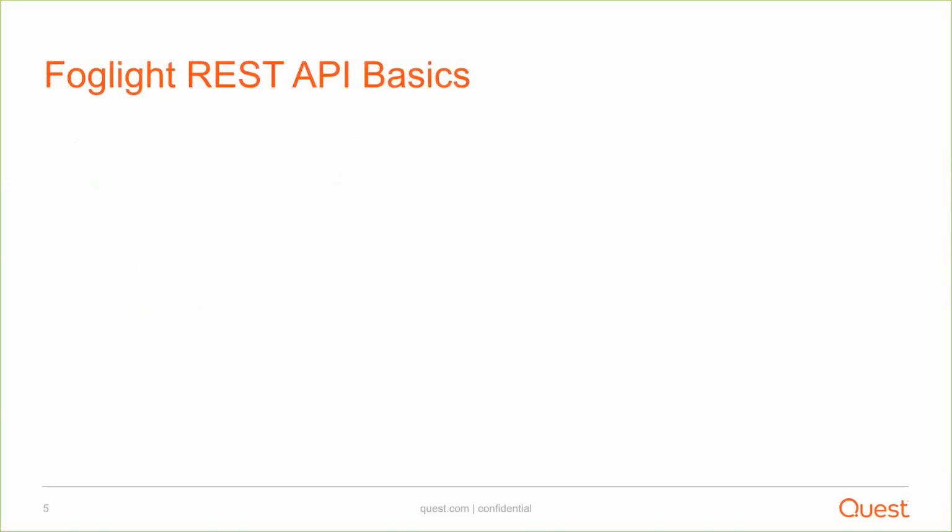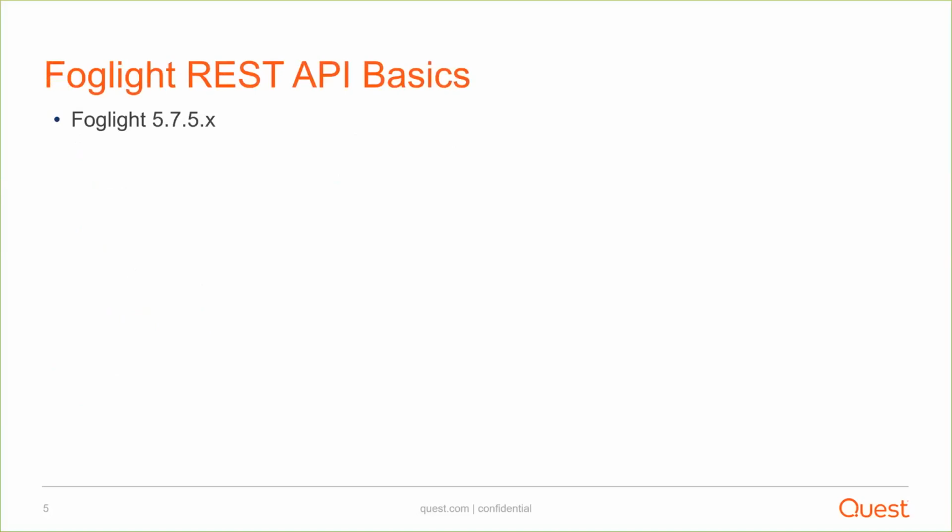Now, some basics regarding Foglight REST API. It is available in versions 5.7.5.x and later. I assume most of us and customers would be on 5.9 versions, but if anyone wants to try this out on older FMSs, you can do that.